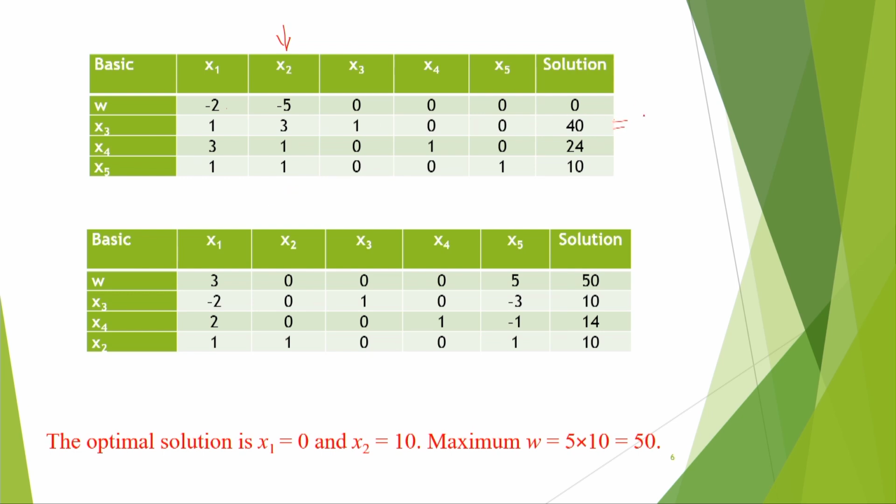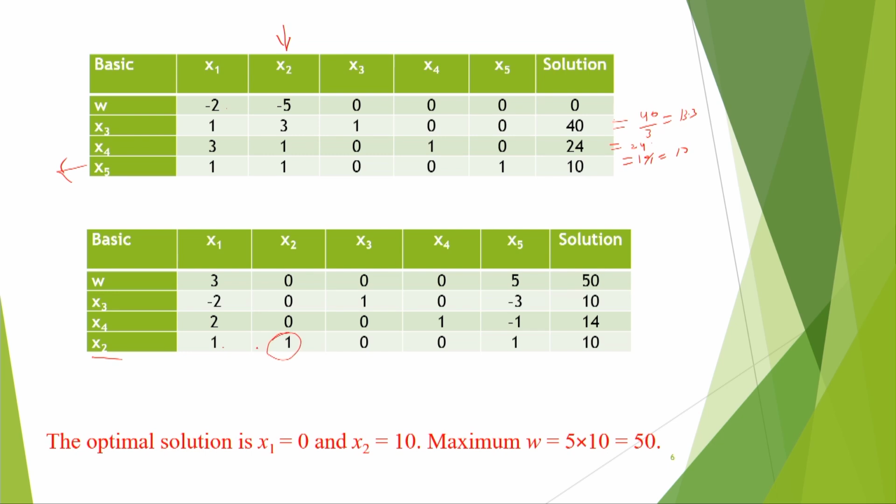In the x3 row it is 40 by 3, that is 13.33. This is 24 by 1, and this is 10 by 1 is equal to 10. The least ratio is x5, so this becomes leaving, and instead of x5 we bring in x2.